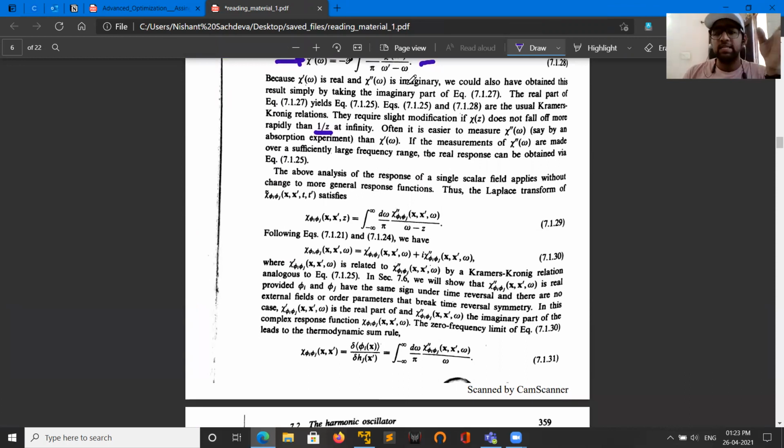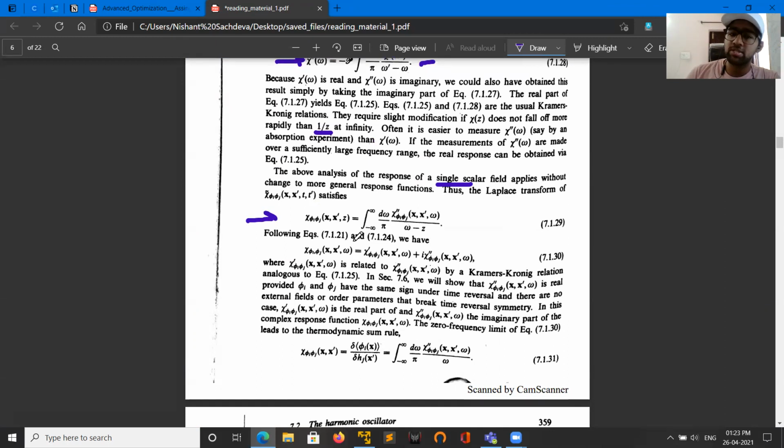Now, the above analysis of the response of a single scalar field applies without change to more general response functions. This was only for a single scalar field, and we don't need to change it. It can be applied to more generic response functions. Thus, the Laplace transform of x tilde phi i phi j satisfies this particular equation.